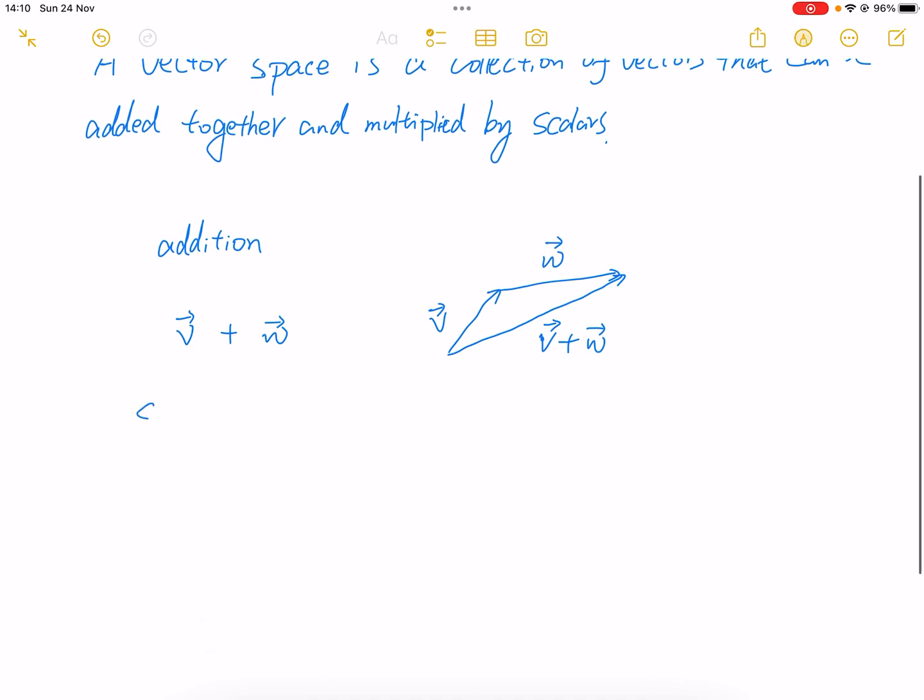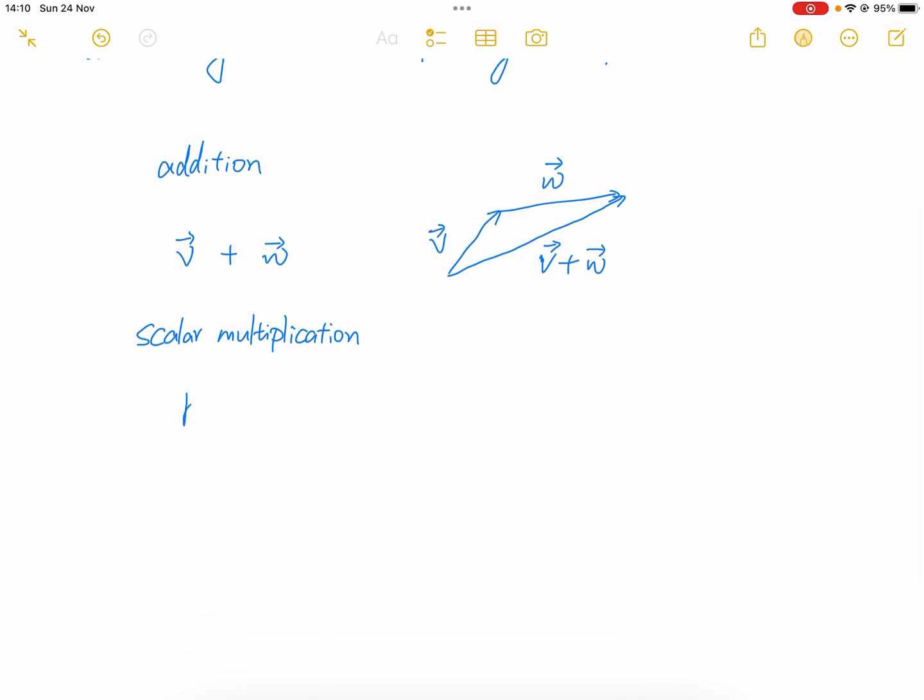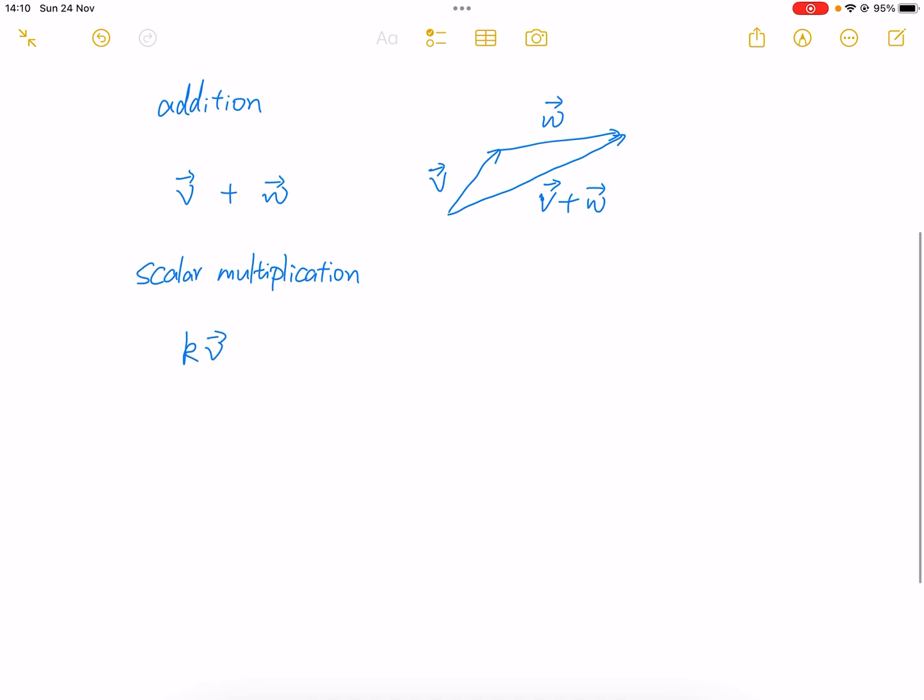And for scalar multiplication, we have a scalar times a vector. For example, we have a scalar 2 times the vector v.